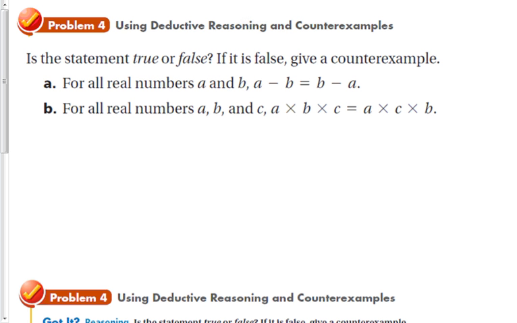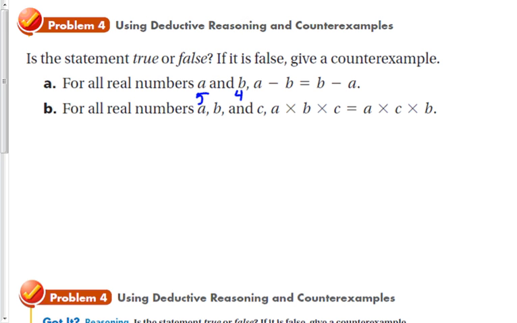Using deductive reasoning and counterexamples. Now, if something is true, then we need to prove it's true or give a reason, which is a property. If it's false, all we need to do is show one counterexample, one time that it doesn't work. So for the first problem, let's just let A be 5 and B be 4.